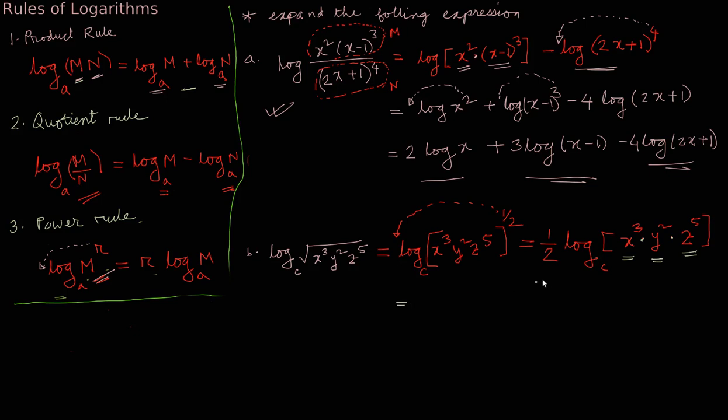So let's write down half, I put the bracket, then logarithm of my first term, which is x cube, plus logarithm of my second term, which is y square, plus logarithm of my third term, logarithm z power 5, and base is c for all my logarithms.